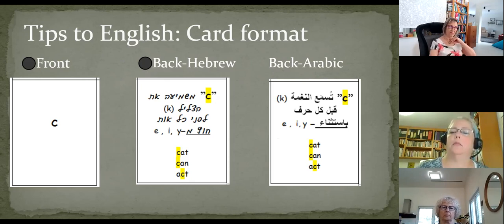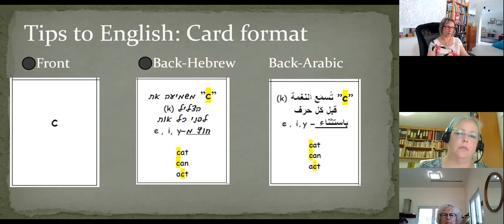Another element of new material is the tips to English. And here I show them in card format. There's a document on the website, both for the Hebrew and for the Arabic. And you teach the principle and discuss it in your online teaching, and go through different examples of words that use this new principle using the letters that you've taught so far.